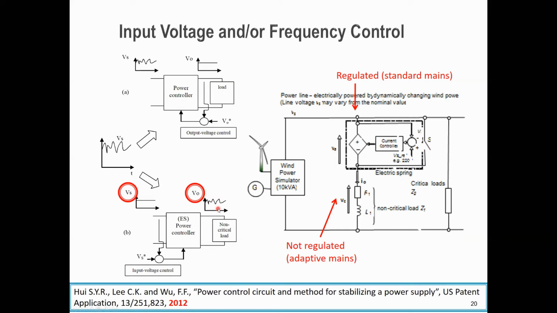Okay, so the idea is to allow a well-regulated output, which we call the standard mains, to provide power for the critical load, and we provide a fluctuating mains, which we call the adaptive mains, to power the non-critical load. So the basic concept is to let the non-critical load absorb the power fluctuation caused by the wind and solar power generation.